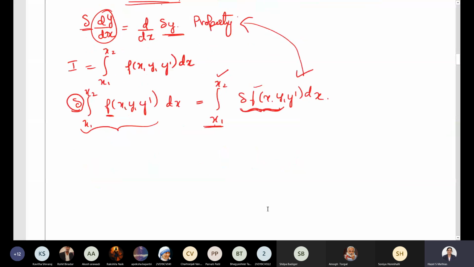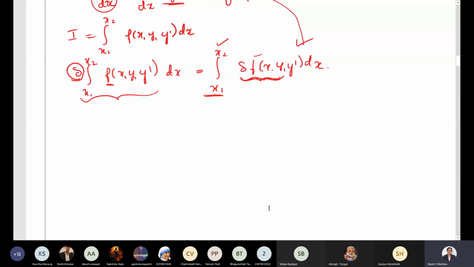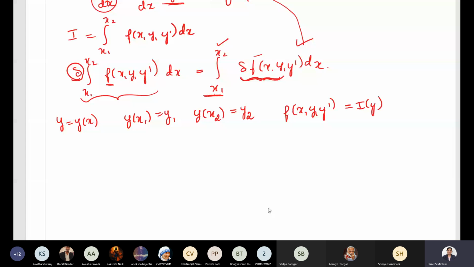Next we discuss, in calculus of variation, how to determine the function y equal to y of x which satisfies certain conditions, say y of x1 equal to y1 and y of x2 equal to y2, such that the given functional I of y, a definite integral of f of x comma y dash, attains an extremum.